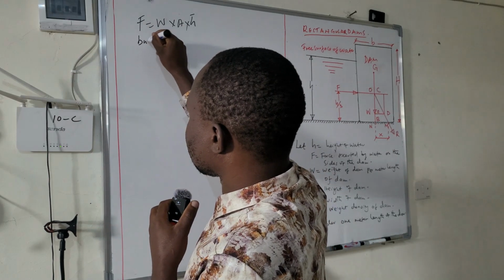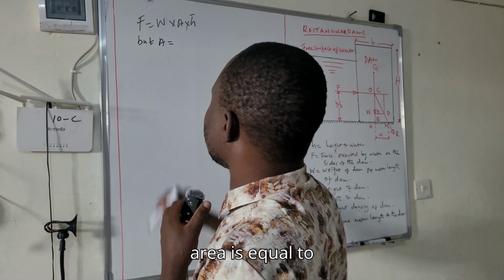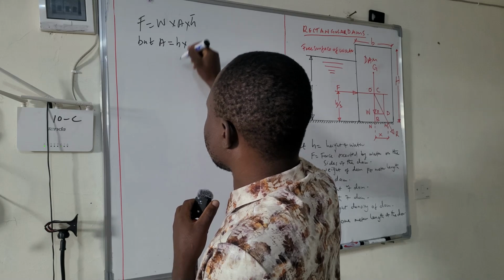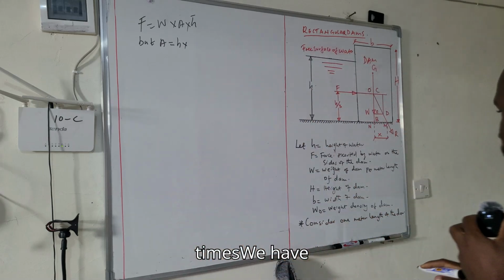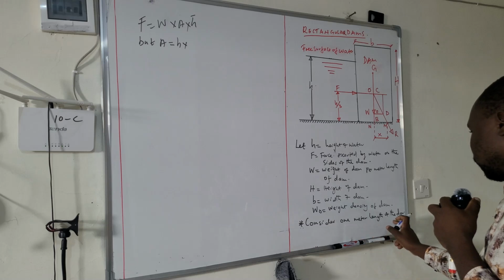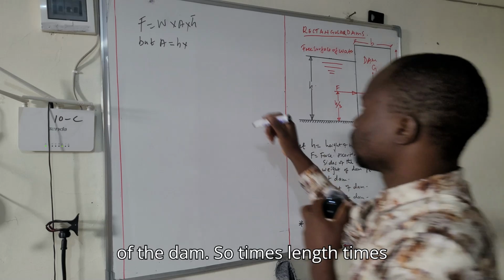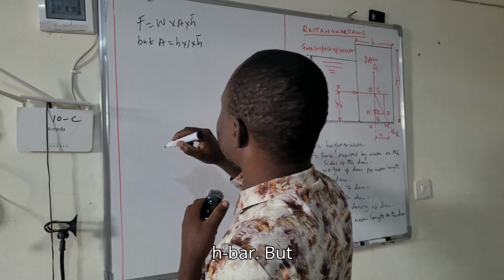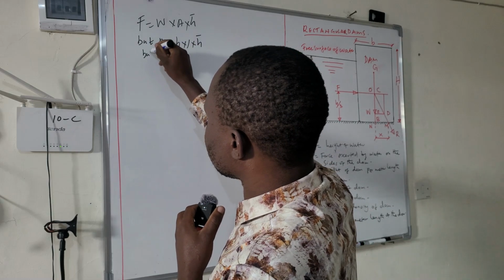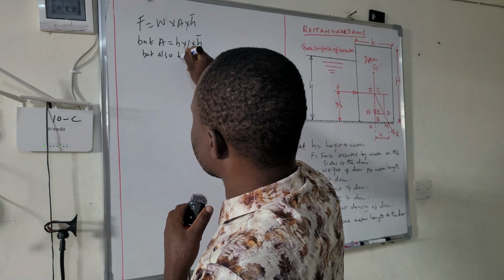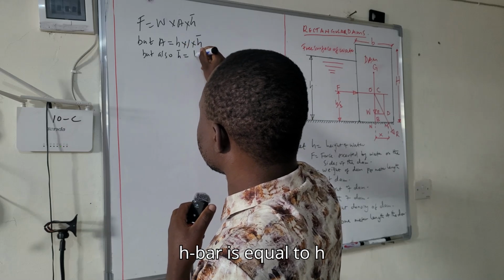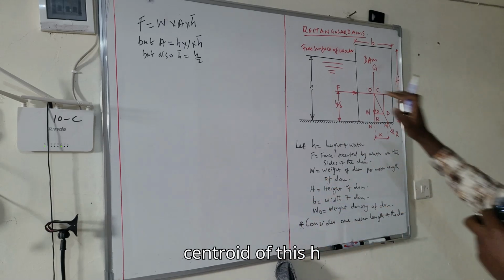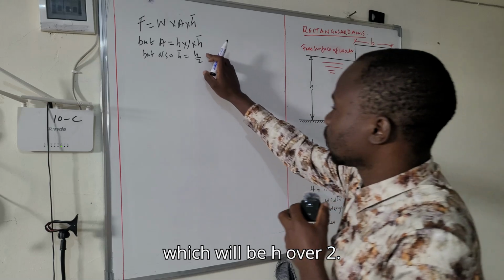But area is equal to this h times, we have said to consider a 1 meter length of the dam, so times length, 1, times h bar. But also h bar is equal to h over 2. So h bar is the centroid of this h, which will be h over 2.